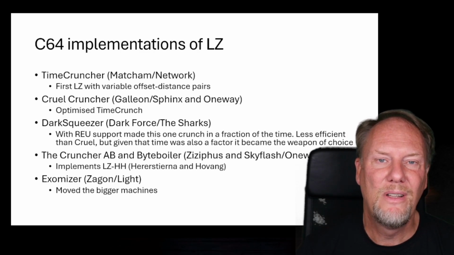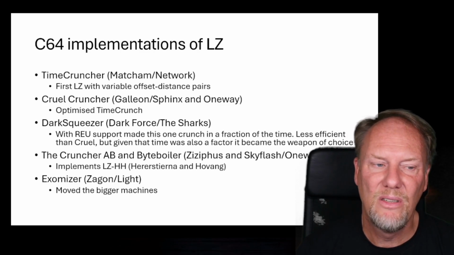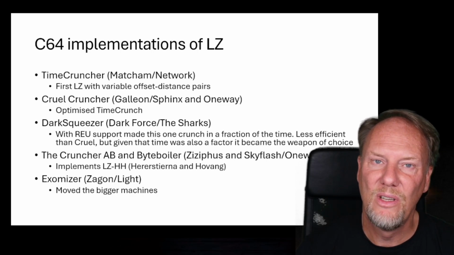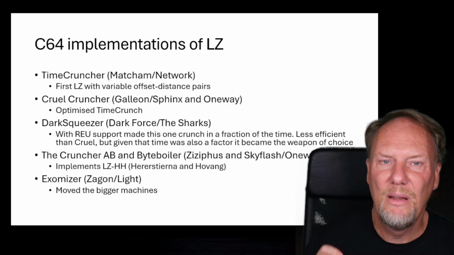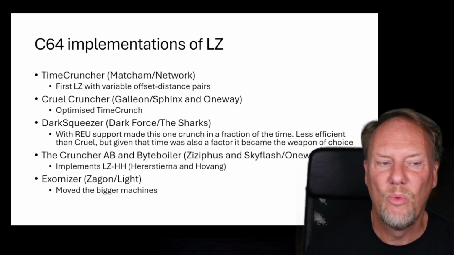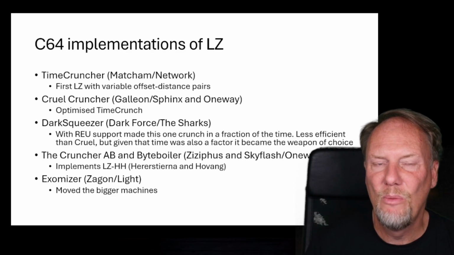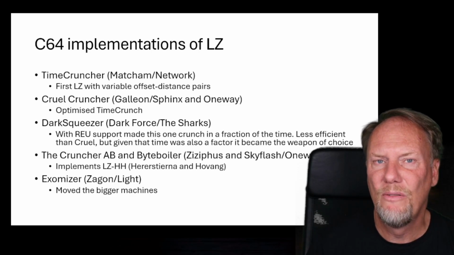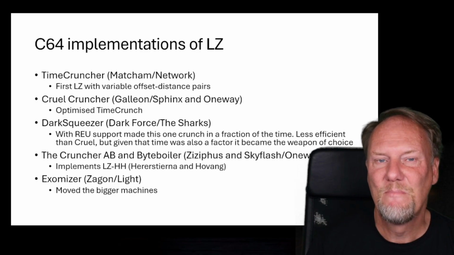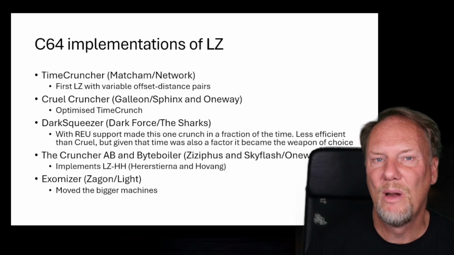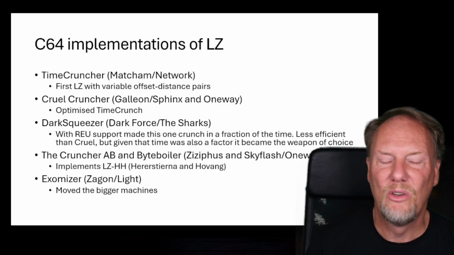So even if it didn't beat Cruel Crunch on crunching efficiency, most of the time it was on par with Cruel Crunch. And if it could be on par or one block worse, and I would spend a few minutes rather than 8 hours, I'm sorry, I took that potential risk of being one block longer by using Dark Squeezer.